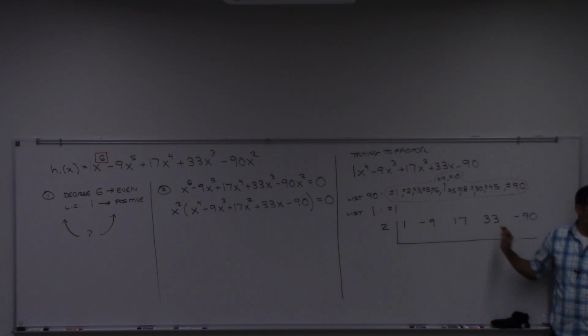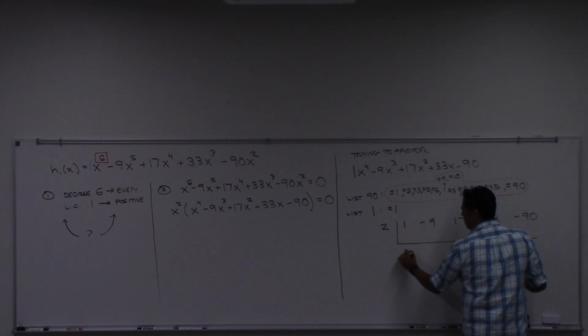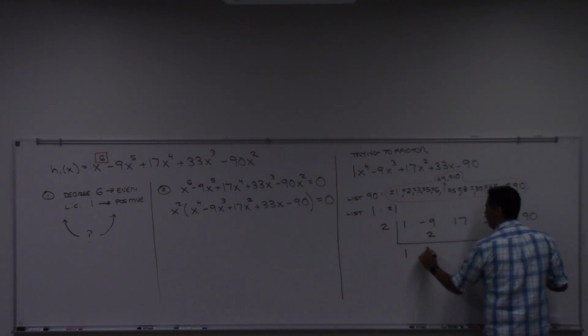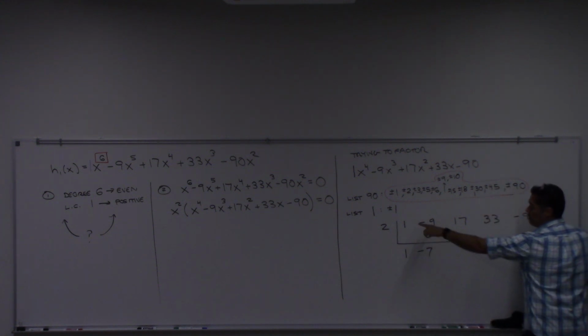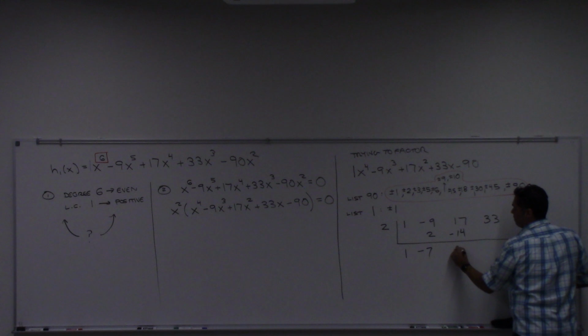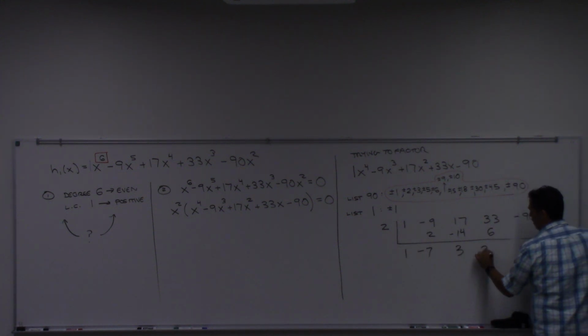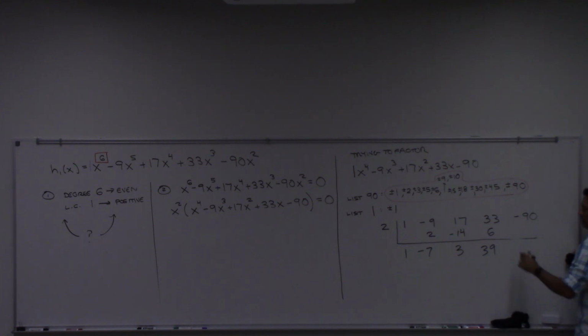Don't erase and try and do it over in the same place. 2, let's see, 1 comes down. 2 times 1 is 2. -7. -14. 3. 6. 39. 60, 78, yeah. No, this doesn't work, right? See? Should work on the next one.